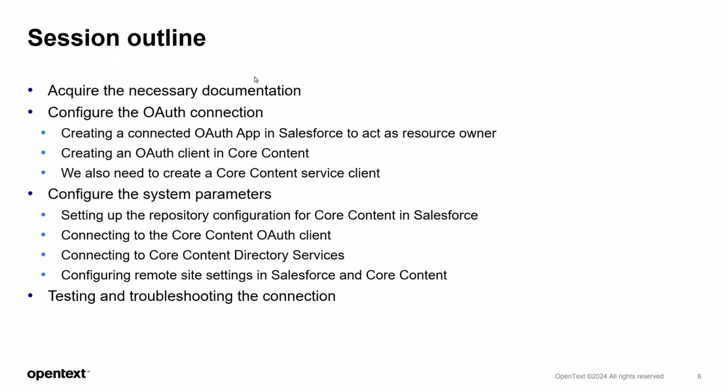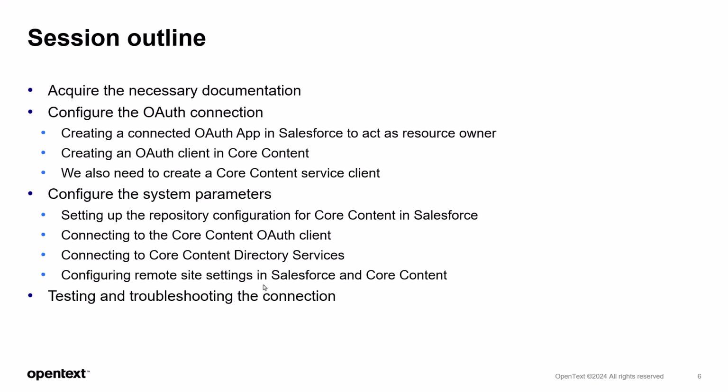Okay, so from the session outline, we did get the documentation, we configured the OAuth connection in Salesforce, and the OAuth client in core content and the service client in core content. We did configure the system parameters, setting up the repository config. We did this too. Core content OAuth client, so we connected that. Set up the content directory services. We did this as well.